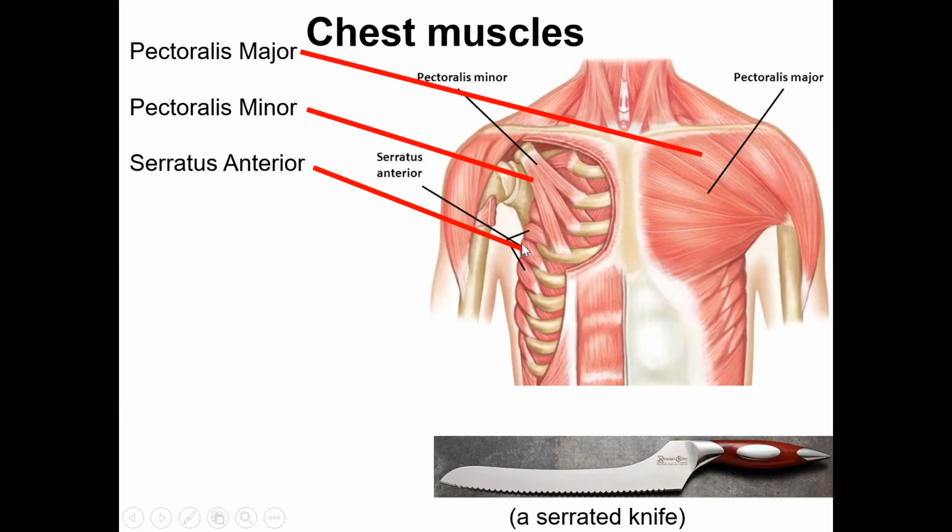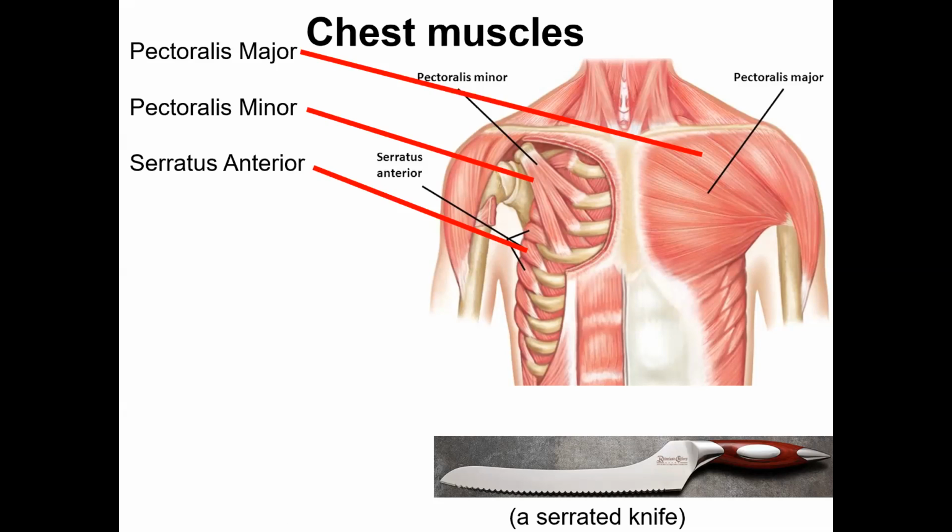And then there's also the serratus anterior, which is this jagged muscle that goes in between our ribs on the lateral side. So these are three muscles of the chest region, really important for abduction of the upper limbs. And we can sometimes see these muscles under the skin. We typically call these the pecs.